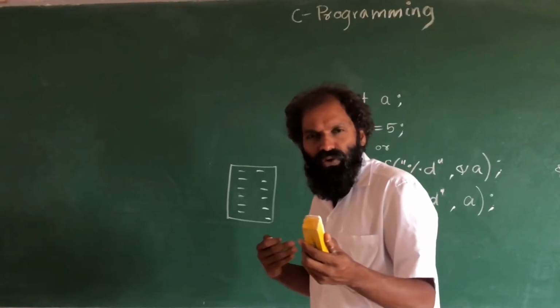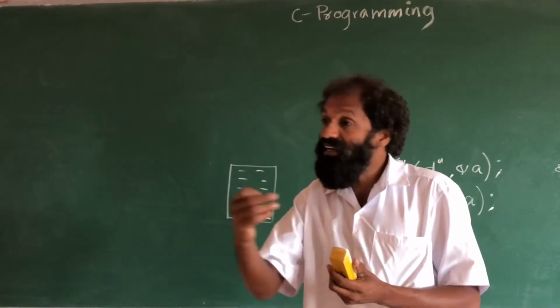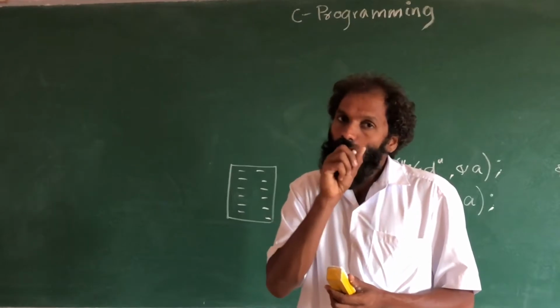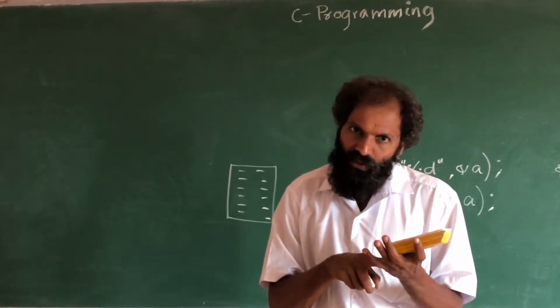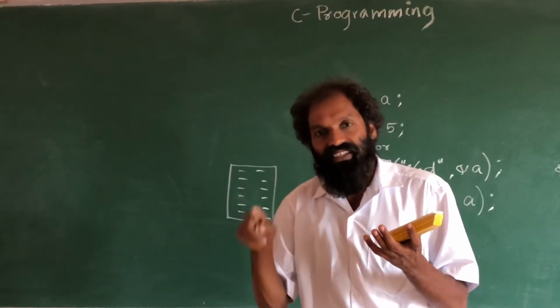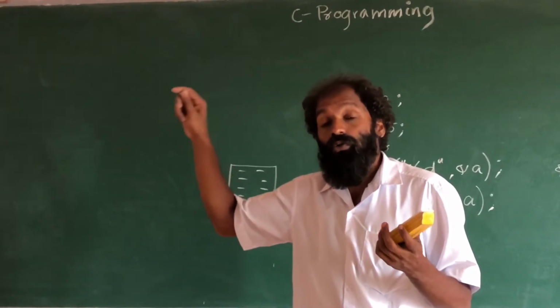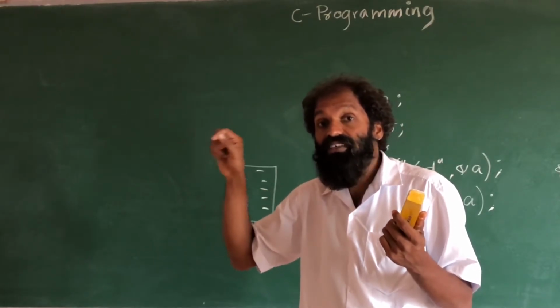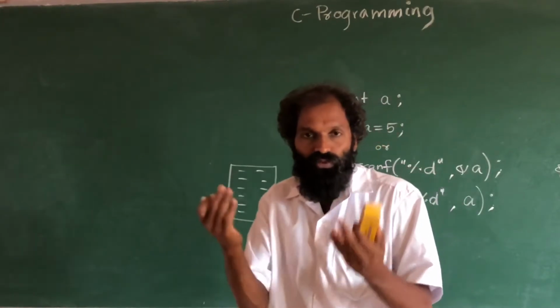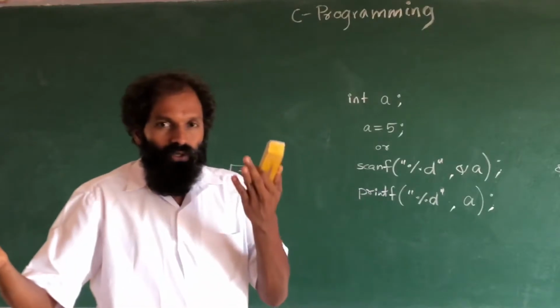You give only input and you get output. See, 2 plus 3: 2 is an input, plus is input, 3 is input. Whatever you get as the result, that is 5, is called output. 5 is output. I hope you understood what input and output are.